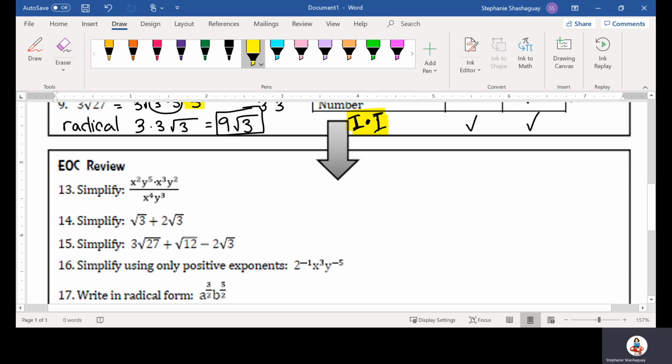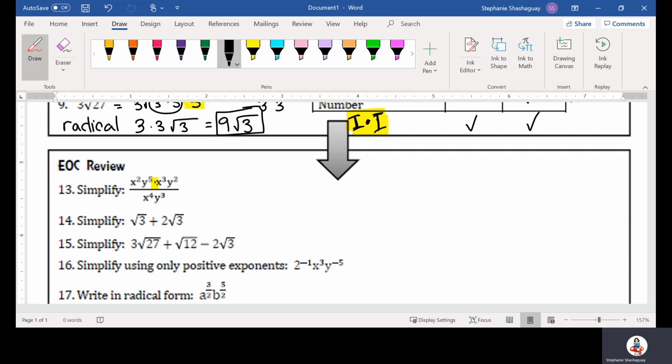All right, number 13, simplify this exponential equation. So what we need to do is look at our exponents. And I believe this here is a multiplication. So first what we're going to do is simplify our numerator.